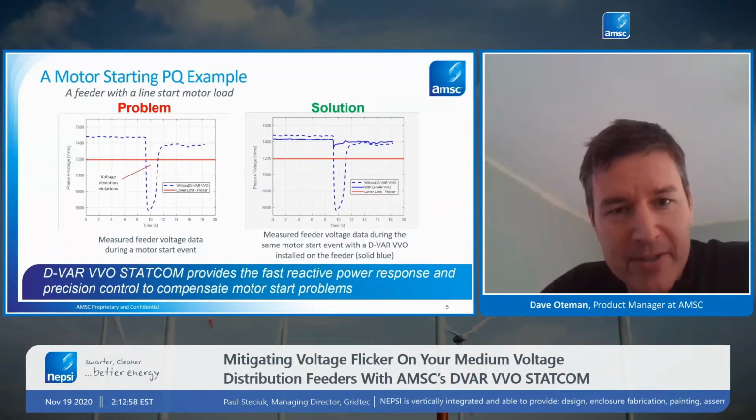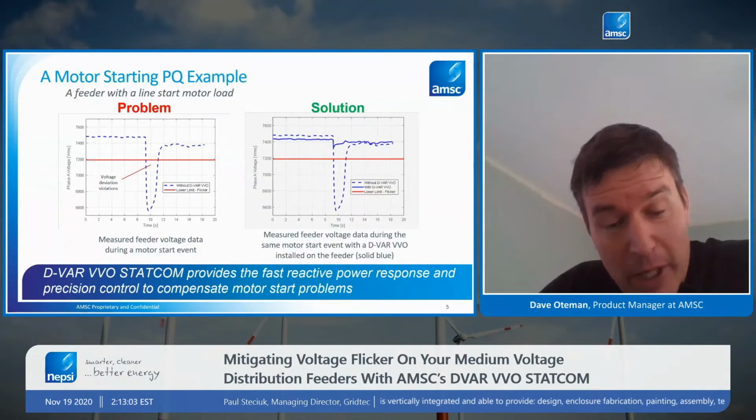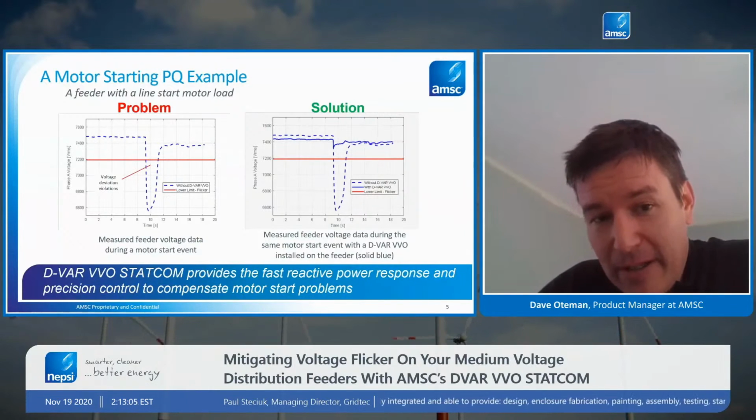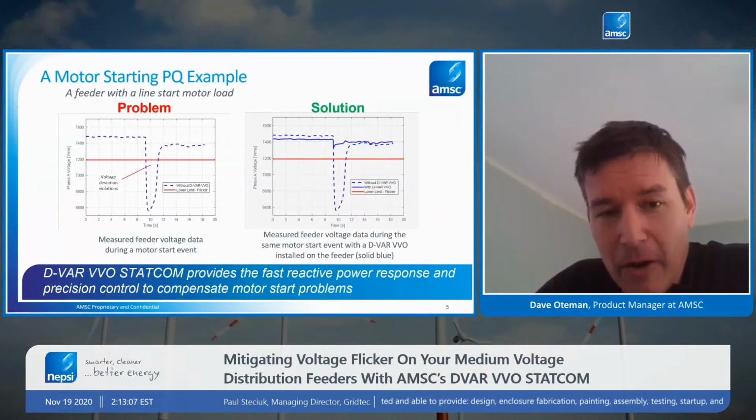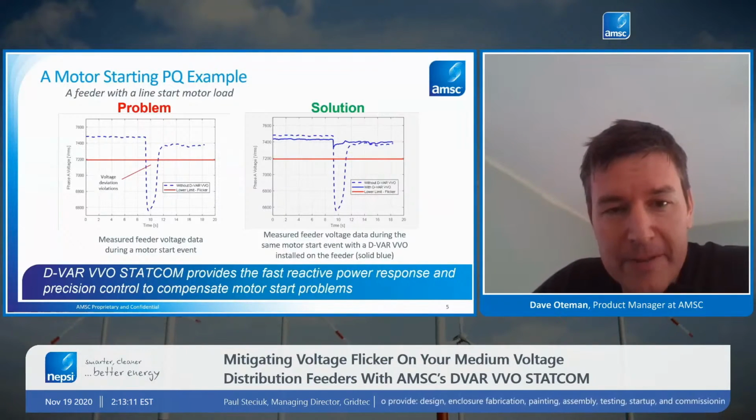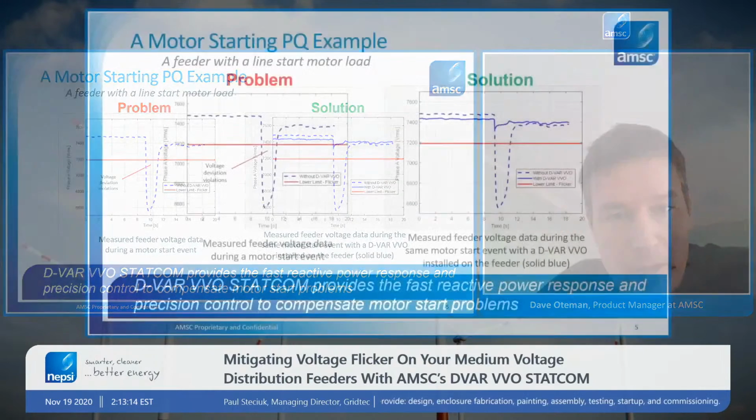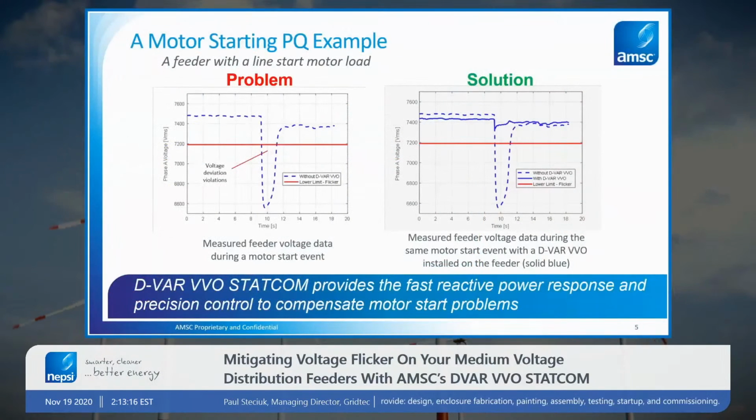Sure, this is an example of a radial feeder with an induction machine. This data was taken about 8 miles down line on that feeder. The left graph shows a motor starting event. The blue graph is the voltage on phase A during that motor start event.